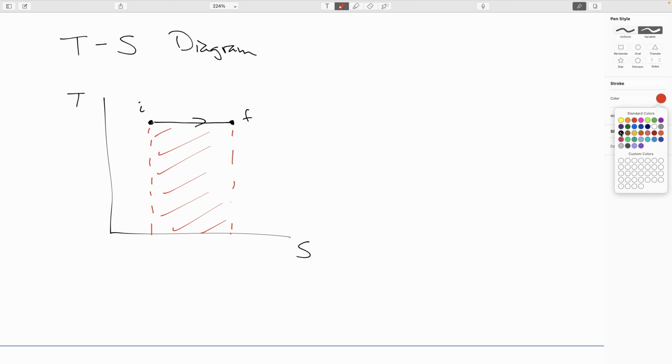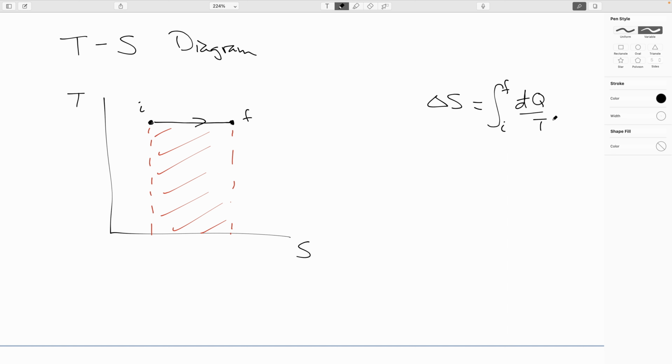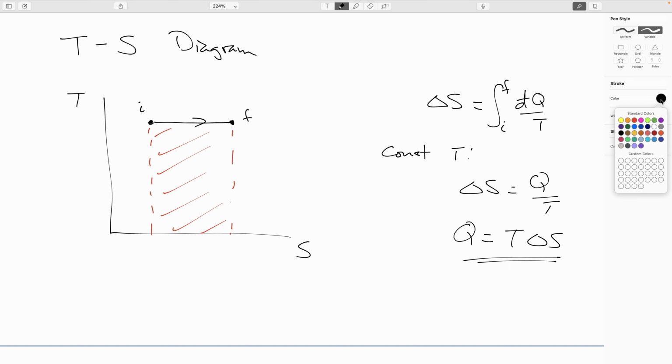And this is because we saw that the change in entropy was the integral from initial to final of that funky d bar q over T thing that we saw before. We saw that for constant T, that worked out to delta S equals Q over T, or Q equals T delta S. So for constant temperature here, this would be equal to the heat either being transferred in or out.